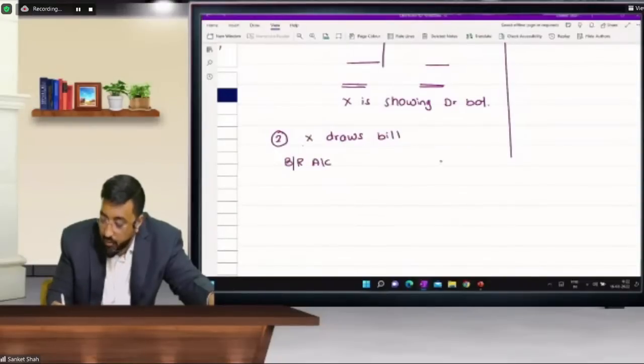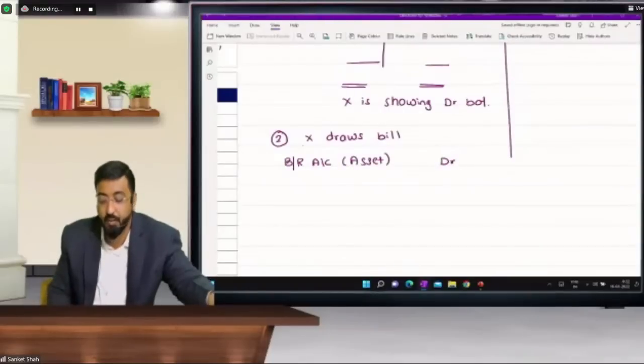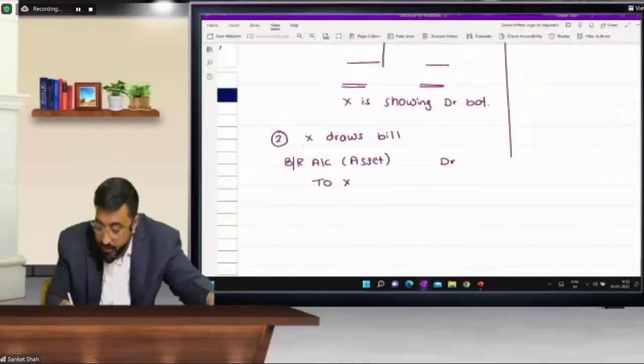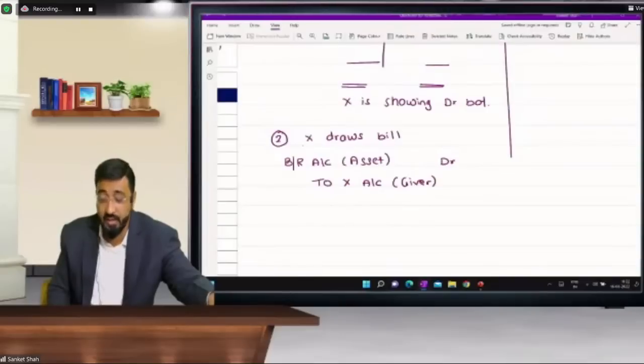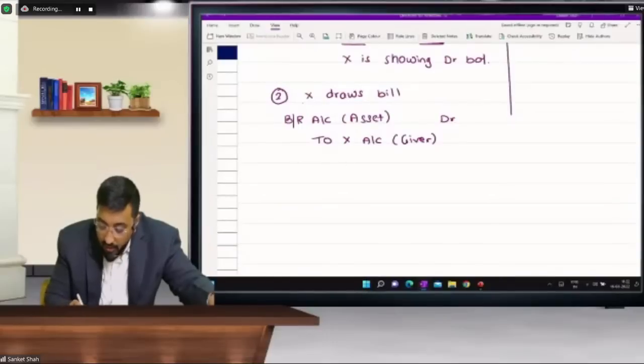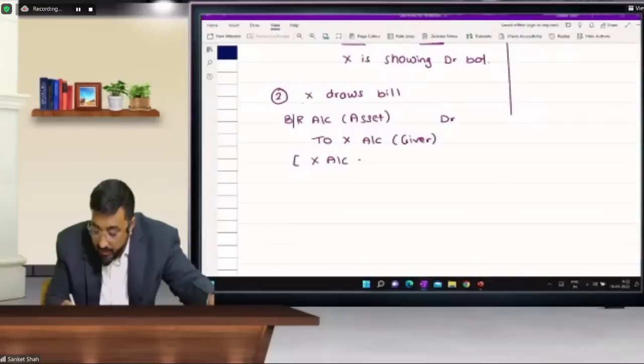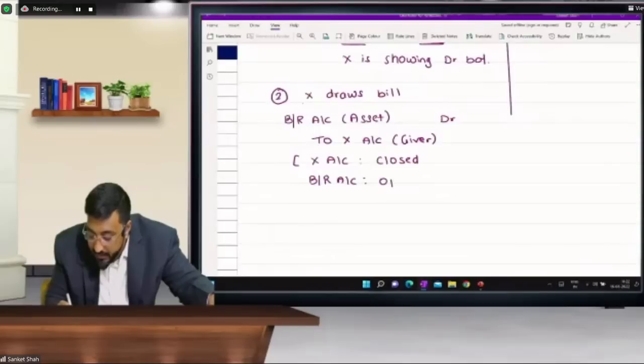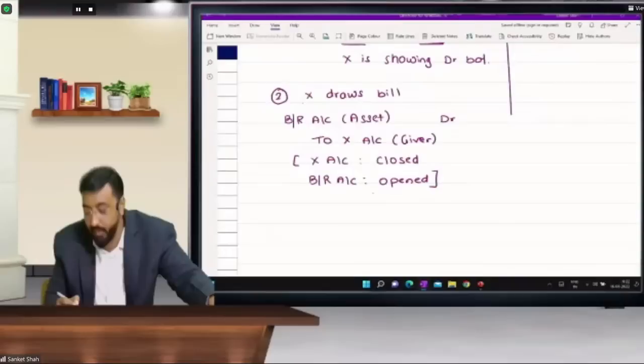Bills receivable account debit. Now for him, bills receivable is an asset. Bills receivable account is open, and X account is getting closed, because the debtor becomes the giver. And he's not giving any cash, he's giving bills of exchange. So which account is closed? X account closed. And which account is opened? Bills receivable account is opened.